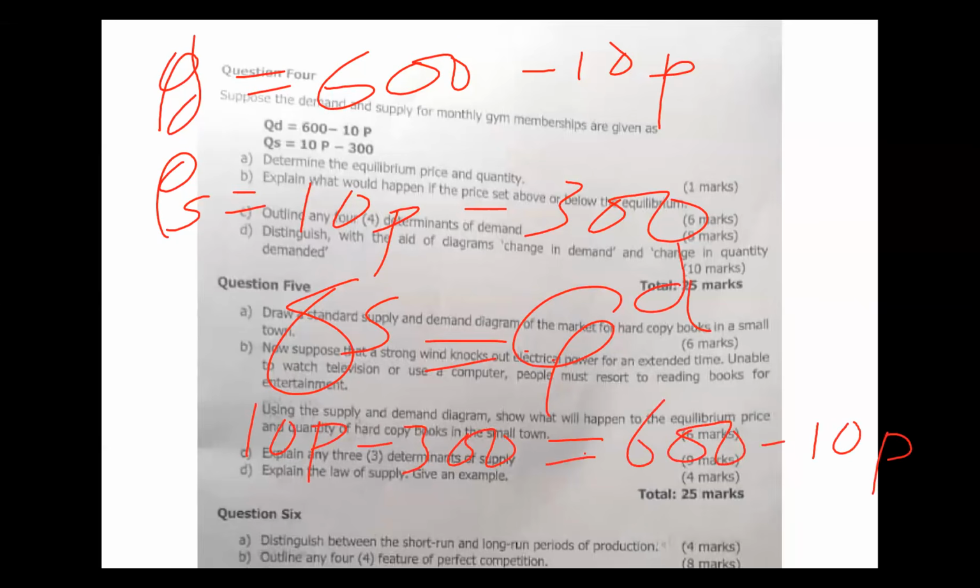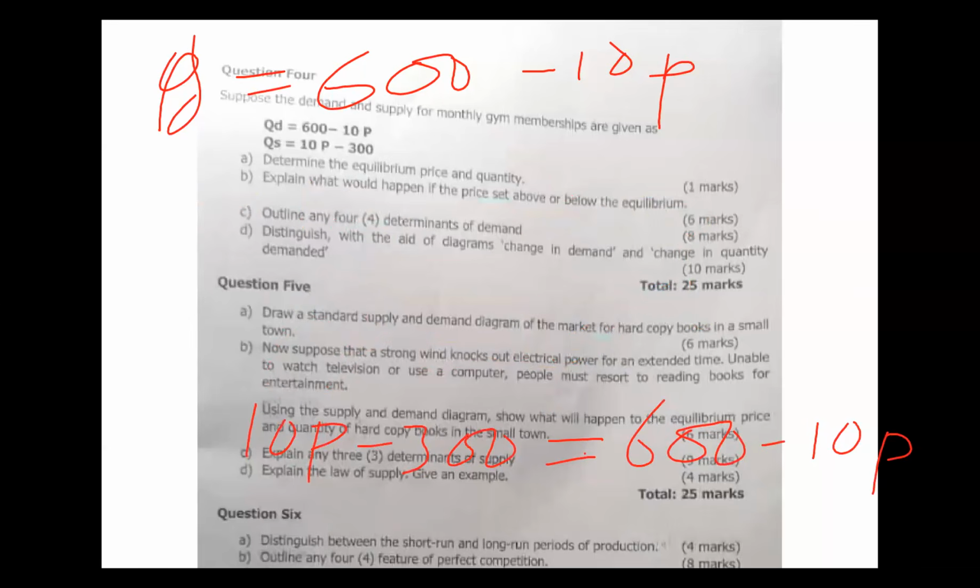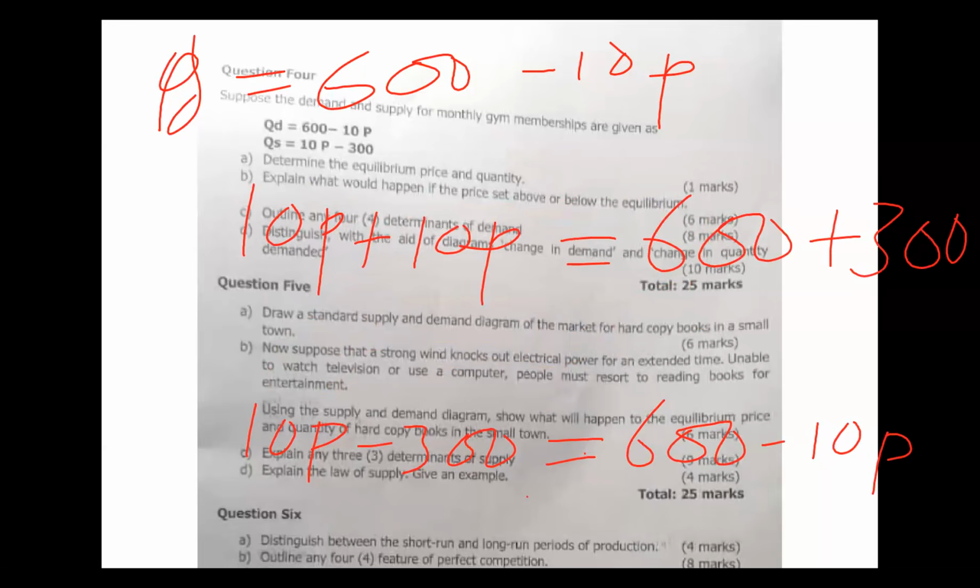Any question? Okay. Once you equate the two equations, you can make P the subject of the formula, because both sides of the equation have a P. Therefore, you shall have 10P plus the other 10P equal to 600 plus 300. What have we done? We have collected the like terms together.